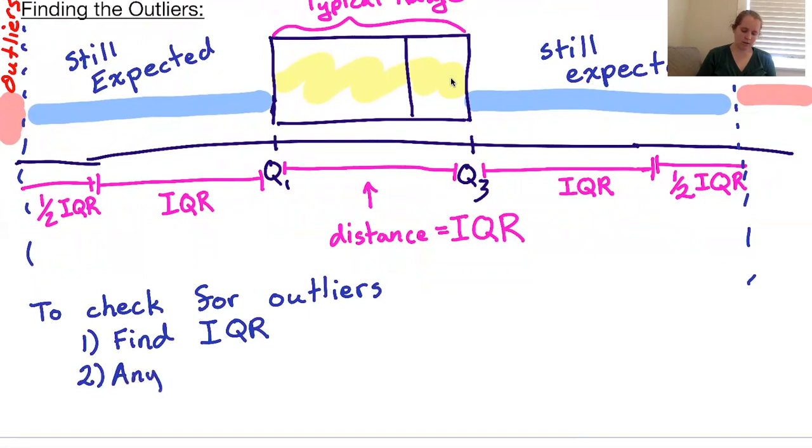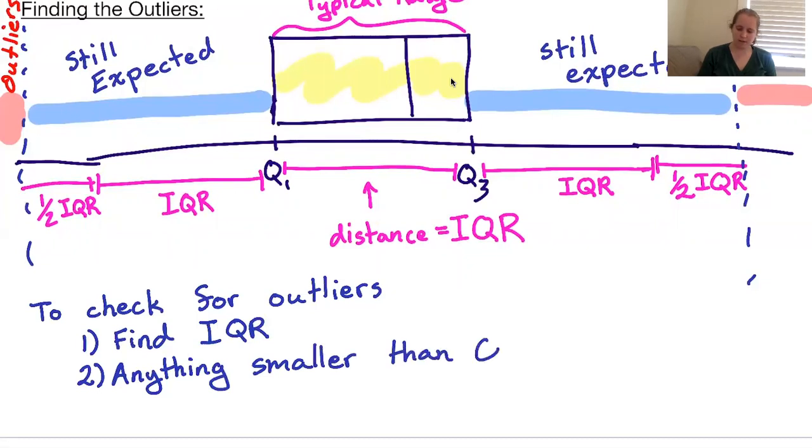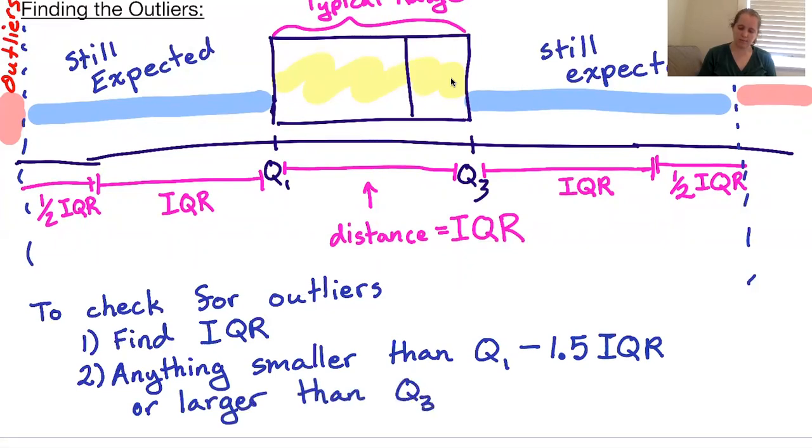Anything smaller than Q1 minus 1.5 copies of the IQR, or larger than Q3 plus 1.5 copies of the IQR, is an outlier.